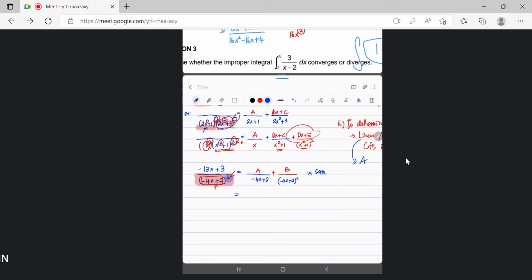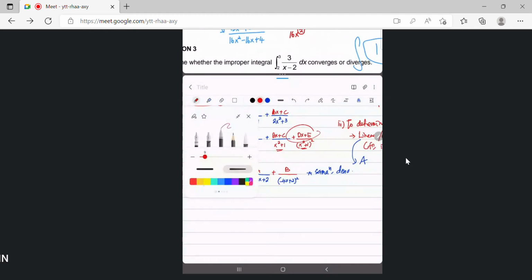samakan denominator. Okay, so look at the first fraction. We have the negative 4x plus 2. So your original is negative 4x plus 2 squared. So dia hanya missing satu function je lagi kan? Okay, so macam mana nak buat? Imagine that this one, tak best lah pakai pen sama nanti you confuse.